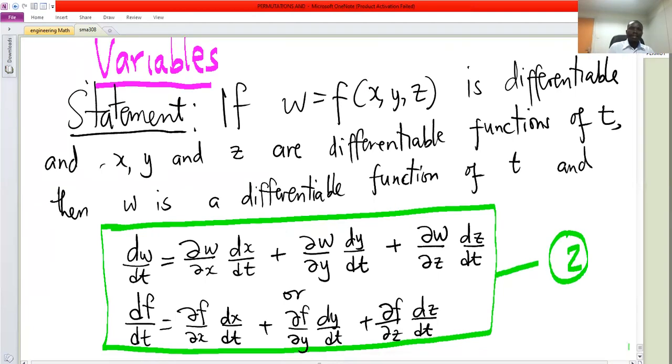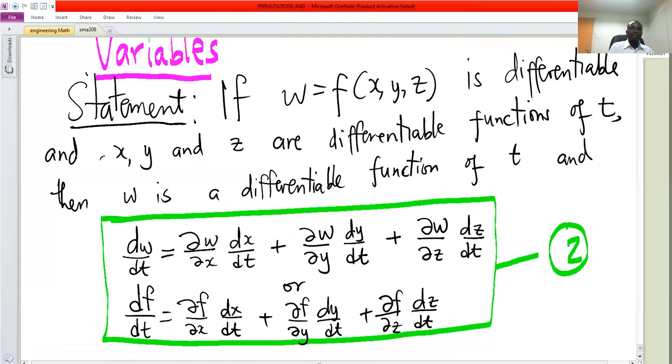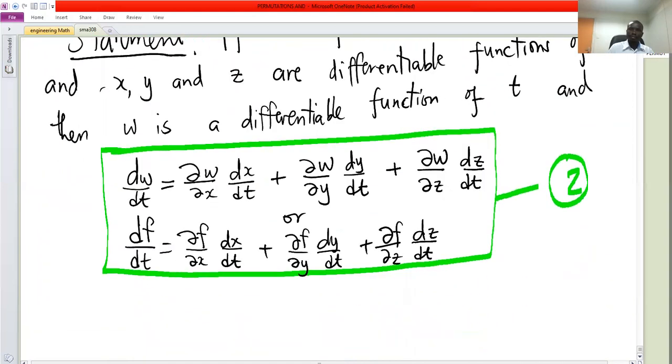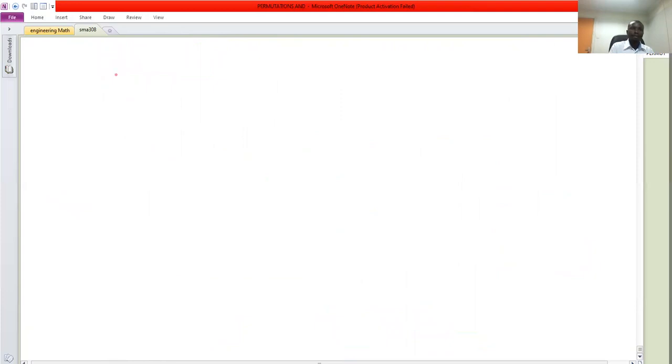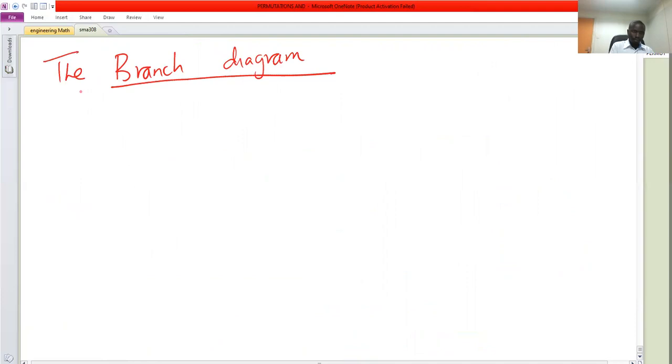So we can easily understand this from a branch diagram. We have our function w, which depends on x, y, and z.